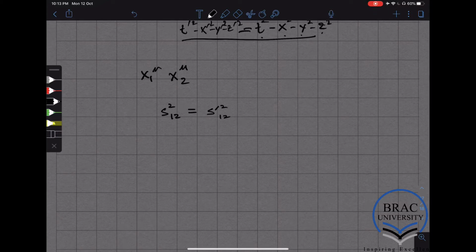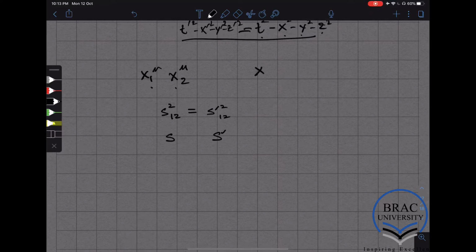But now what we can ask is, is there a reference frame, say S prime, in which these 2 points, x1 and x2, occur at the same time?